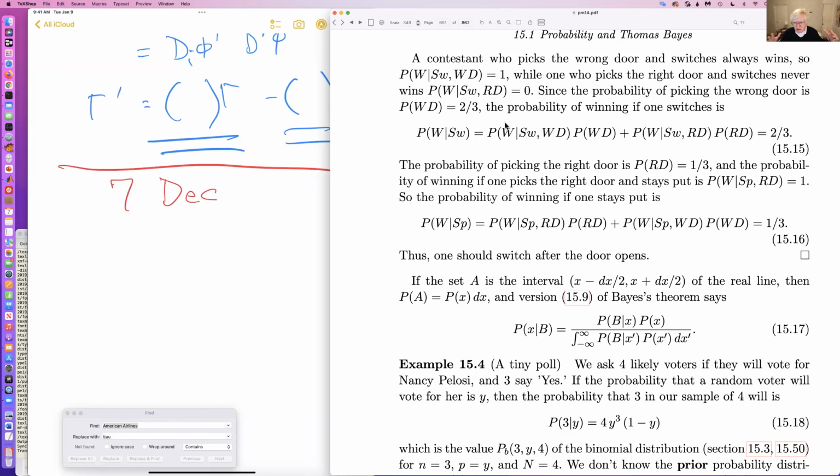If we then go to the real numbers, the outcomes can be labeled by real numbers that vary continuously, and the set A might be the interval of width dx around the point x, and then you can say P of A is P of x dx.